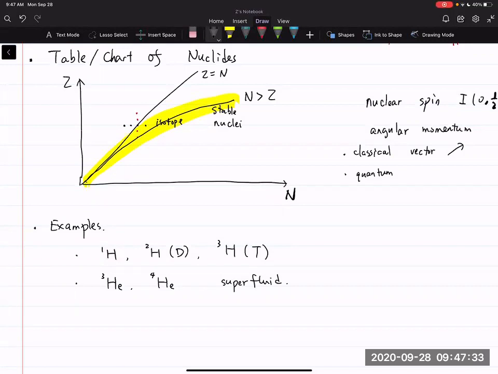So let me see what else. Carbon, right? Carbon-12 and carbon-14. Carbon-14 has a half-life of roughly 5,700 years.